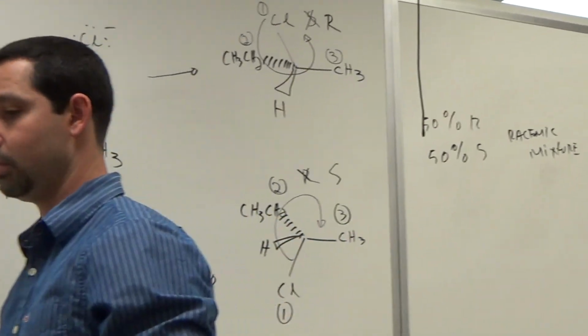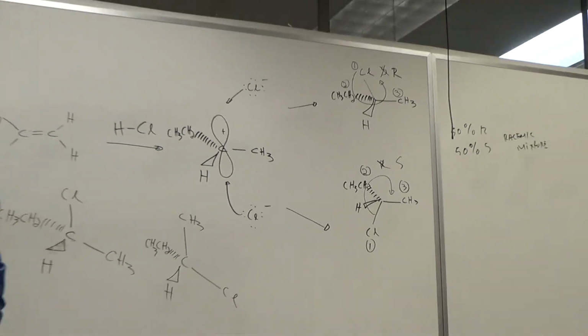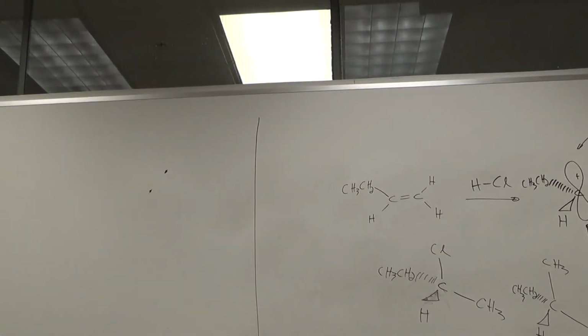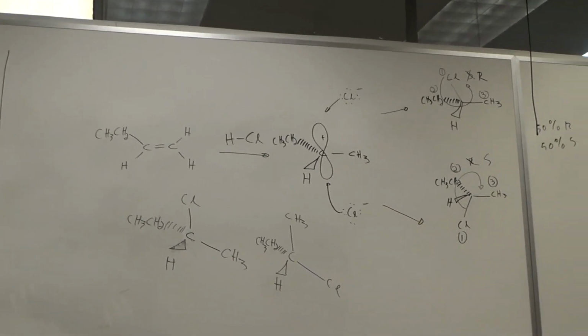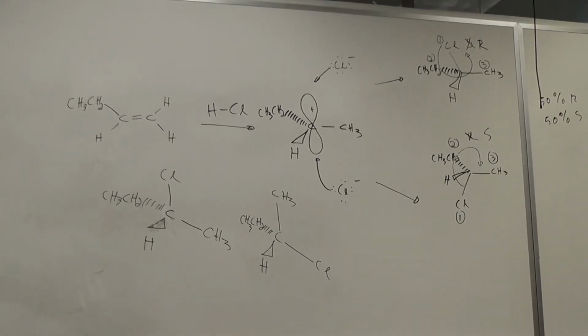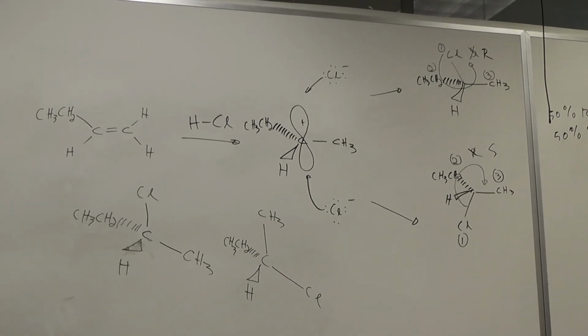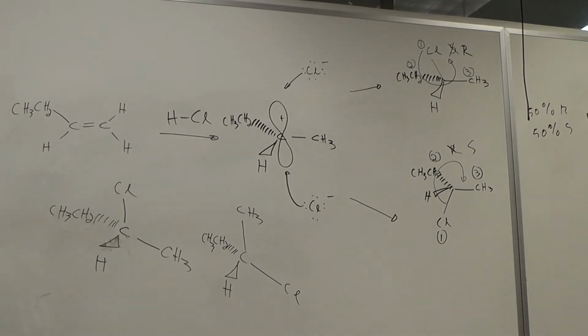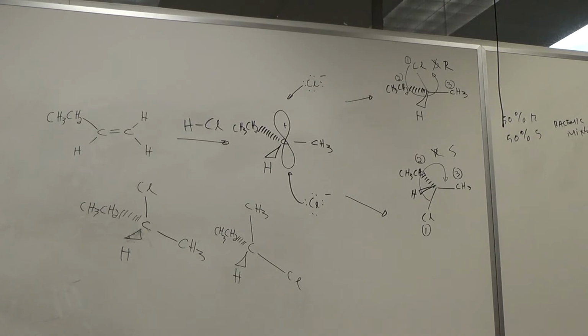Wait, Professor, can we leave the hydrogen like that and then show you that we know it was supposed to be S but it's R, or do you want us to show that the hydrogen is supposed to be in the back? If you want to redraw it with the hydrogen in the back, it's okay.